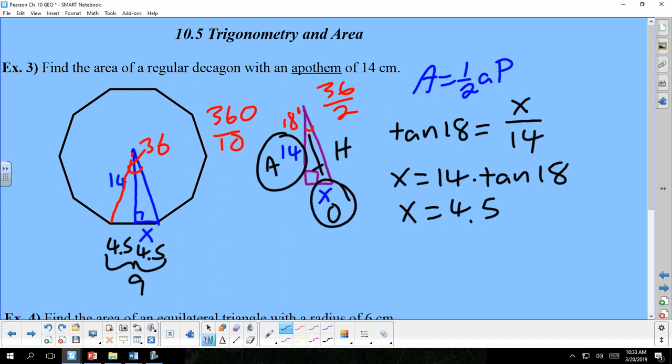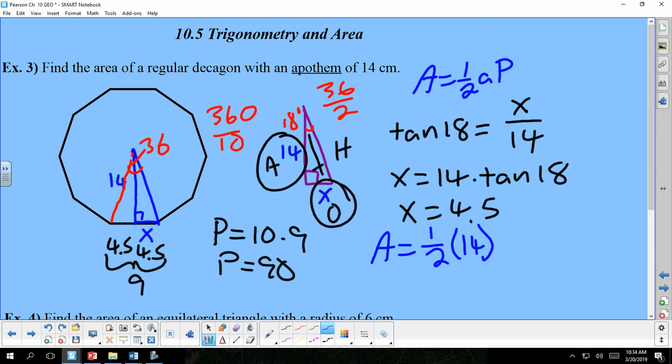And the perimeter, therefore, is 10 times 9. The perimeter is 90. So now I have everything I need to go forward and use 1/2 apothem times perimeter.